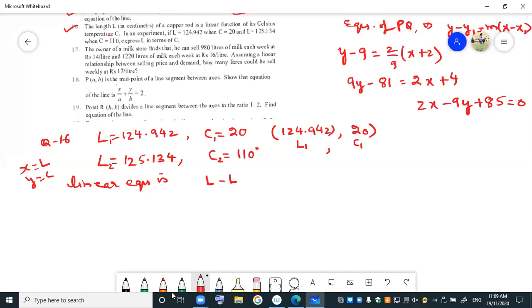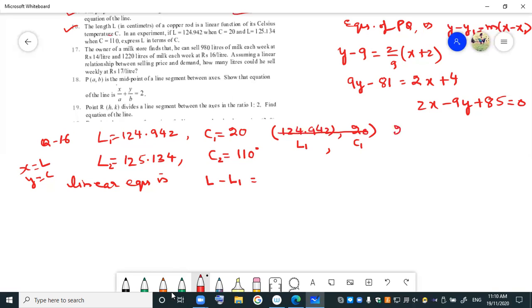The formula is y minus y1. You have to reverse it, so don't take this.